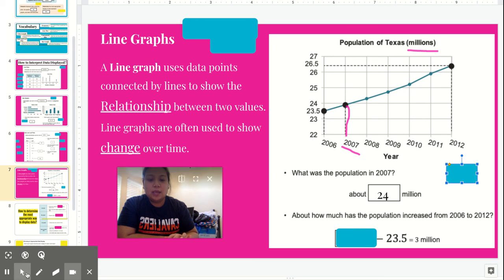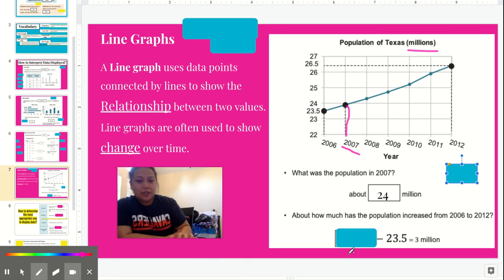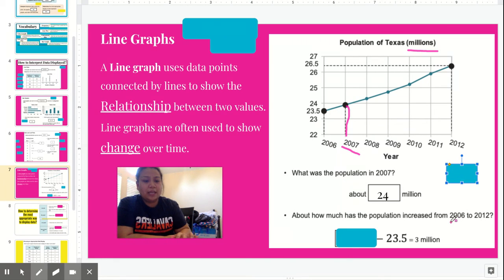The next one says, about how much did the population increase from 2006 to 2012? It helped you out here. We want to look at 2006 and 2012. In 2006, it was 23.5, and they have that here.